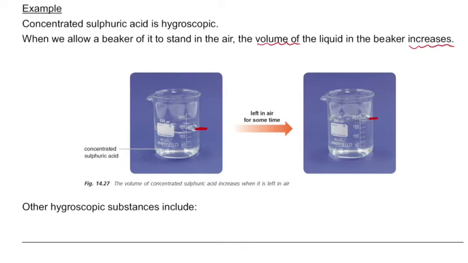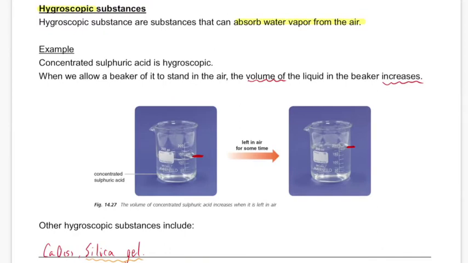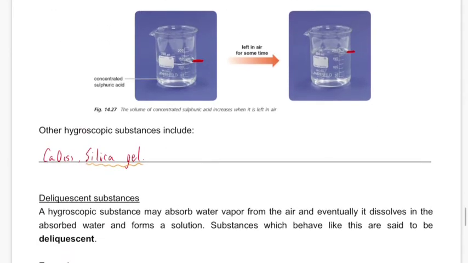Other hygroscopic substances, we have examples like calcium oxide, and silica gel. You can usually find this inside the small bags of your snacks or chips. So that's for the first one. You need to remember hygroscopic substance.